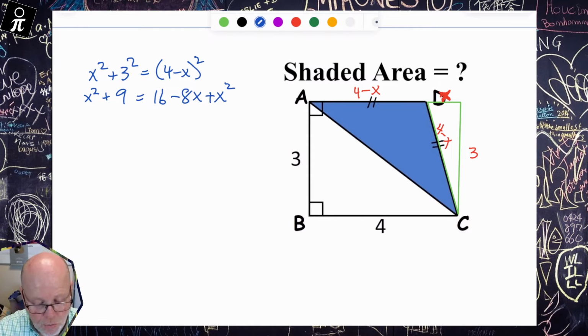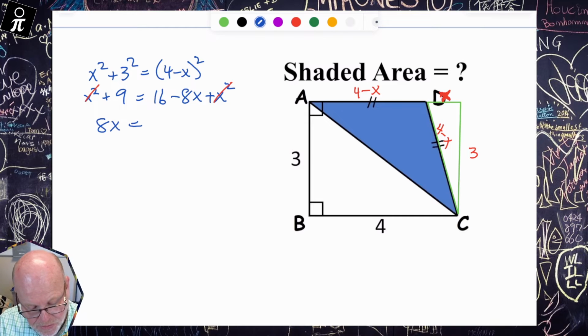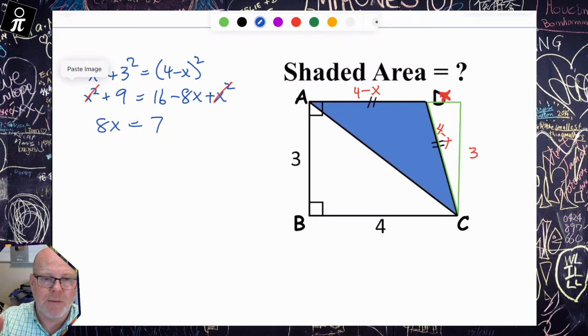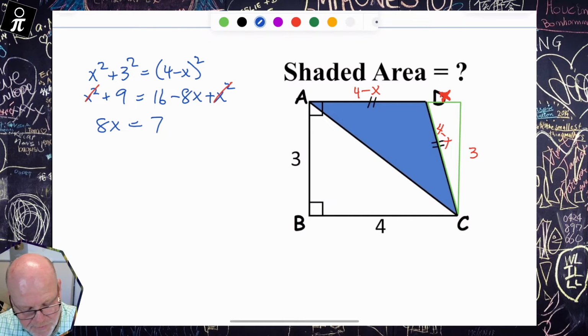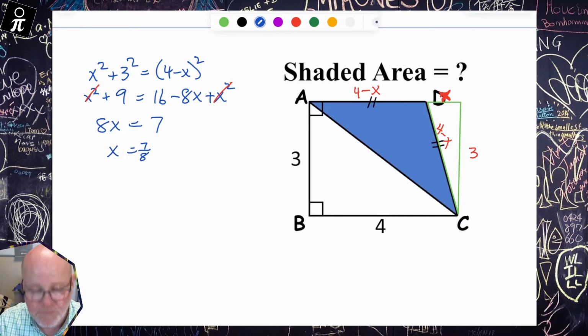We can see that the x squareds cancel out. Oh, this is going to be nice. So we end up with 8x is equal to 7, following the algebraic rules. Then I divide both sides by 8, and I get x is equal to 7/8.